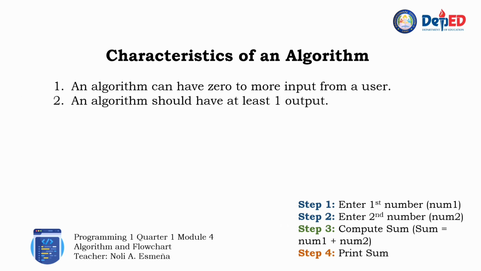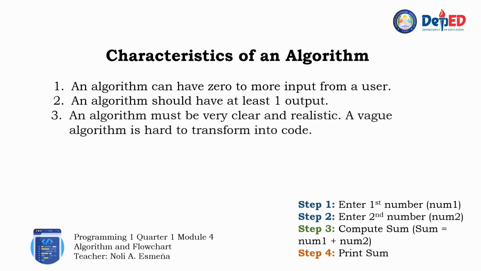2. An algorithm should have at least one output. While input can either be present or absent, output, on the other hand, should always be present. In our algorithm, the output is the sum of the 2 numbers a user has entered. 3.